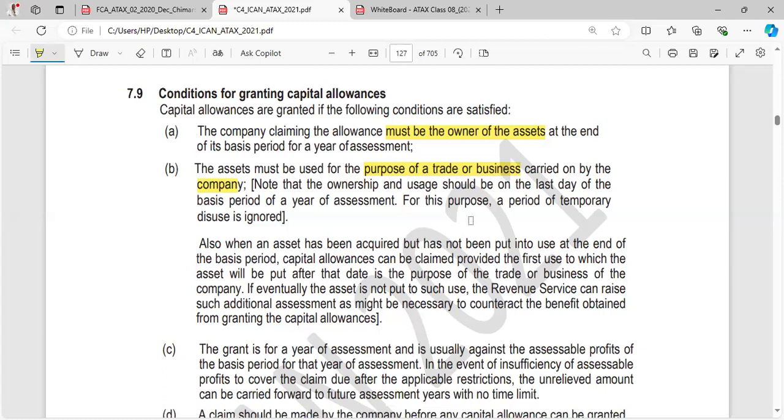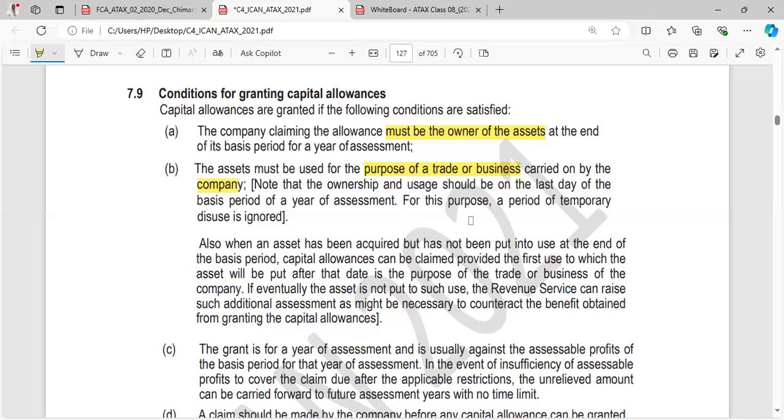So it means that even though you buy an asset and you have not put it to first use, because you bought an asset and you are going to use it, you claim capital allowance for the first year, though you have not put it into use.